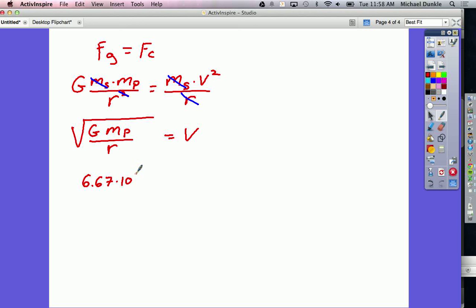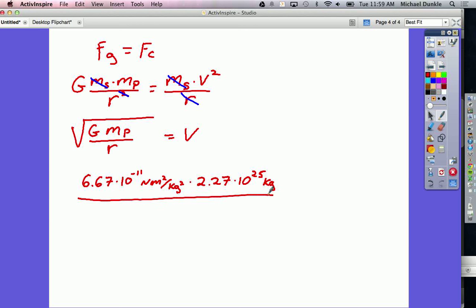Gravitational constant is, as always, 6.67 times 10 to the negative 11th Newton meters squared per kilogram squared. We just solved for the mass of the planet, which was 2.27 times 10 to the 25th kilograms.